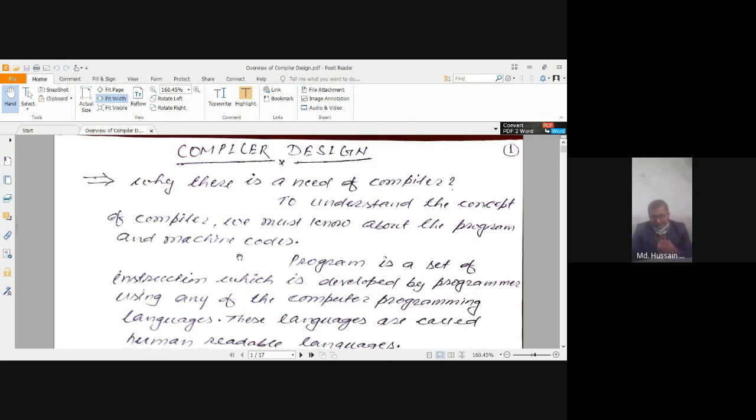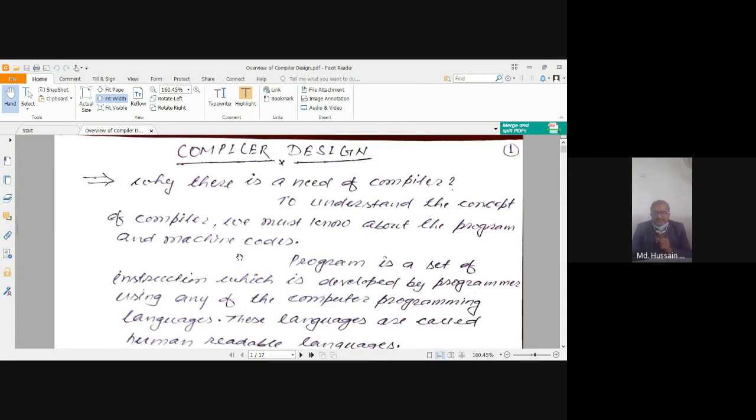One is machine level language, another is assembly level language, and the third one is high level language.